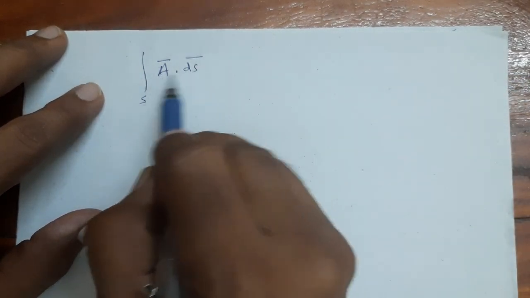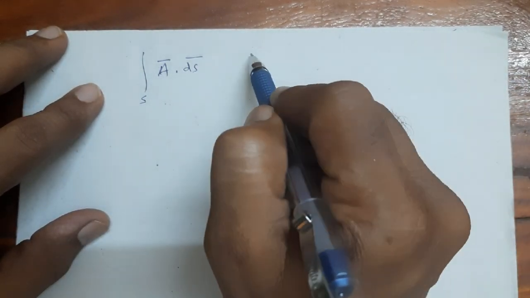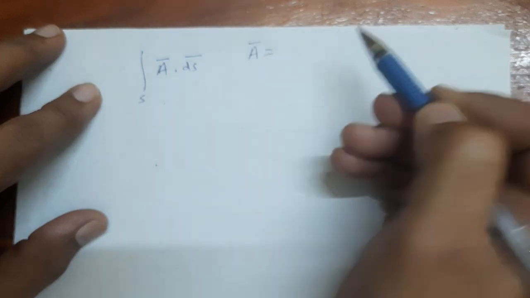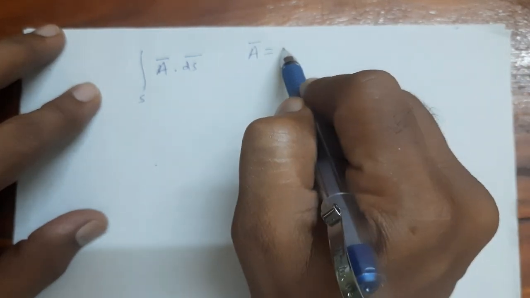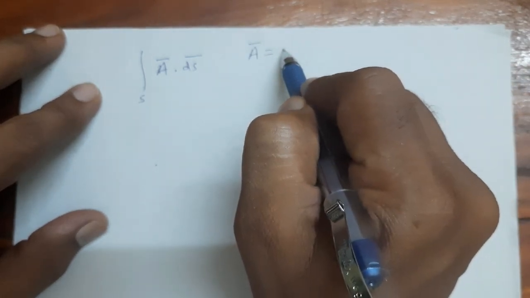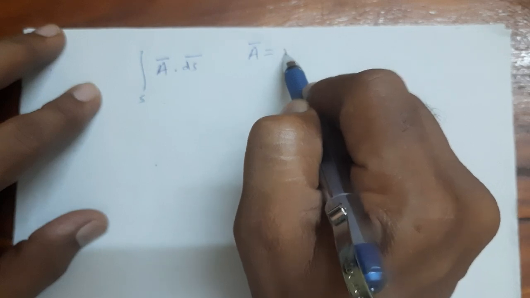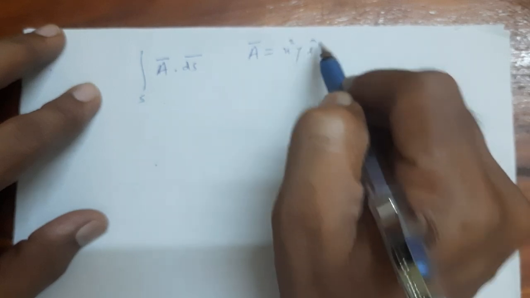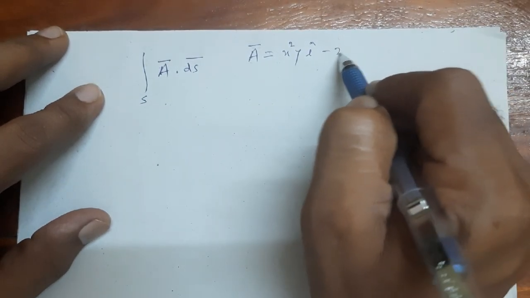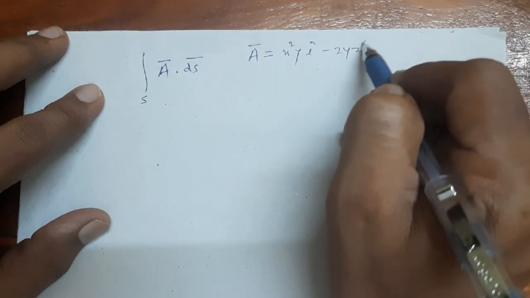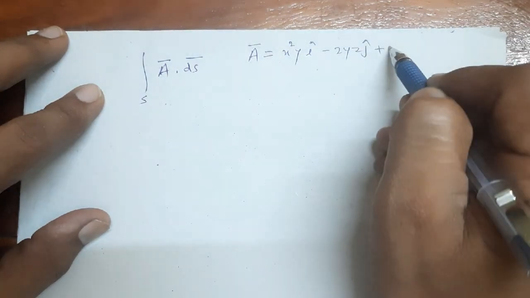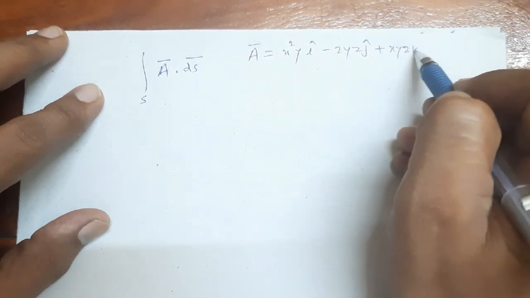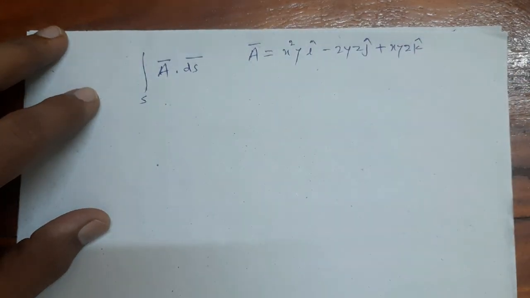To calculate this surface integral, we should know the function A bar, which is the vector function. Let us consider the function to be x square y i cap minus 2yz j cap plus xyz k cap as the vector function.